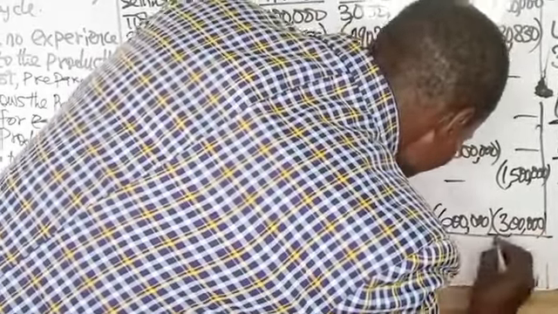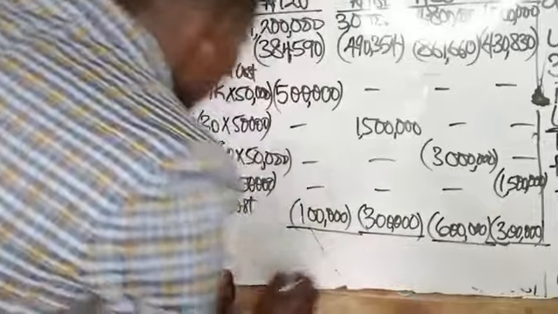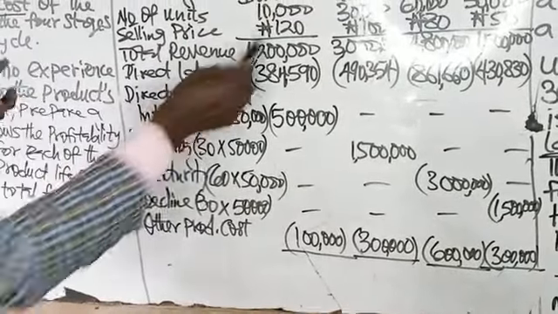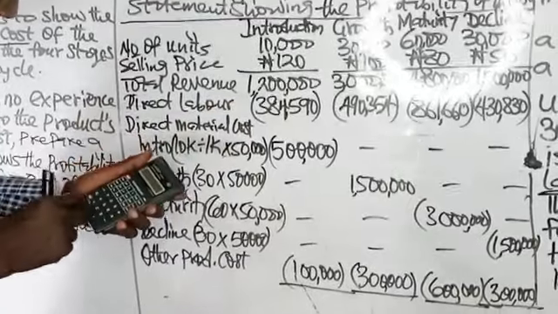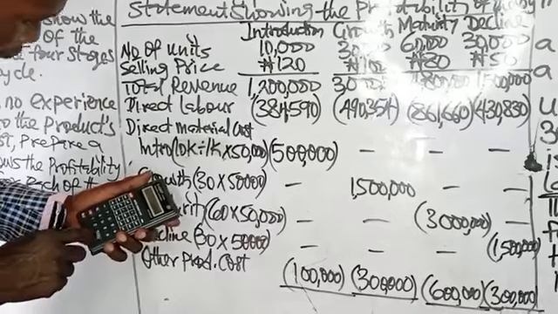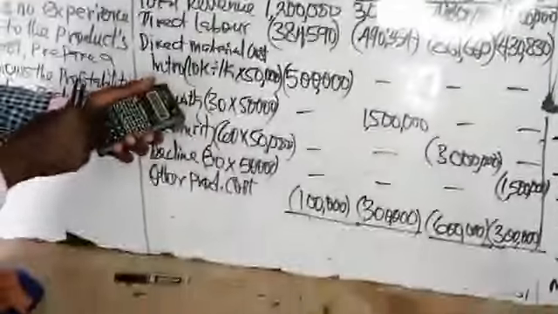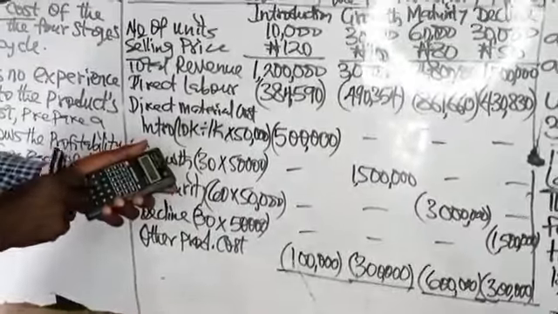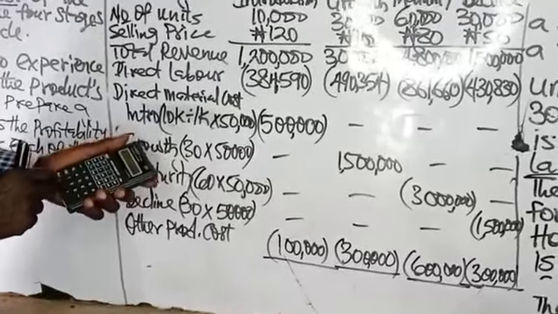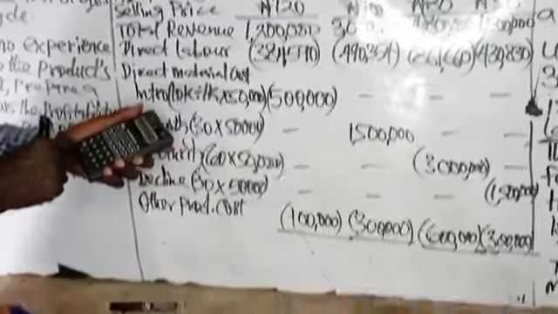So let's subtract. 1.2 million minus 384,590 minus 500,000 minus 100,000.